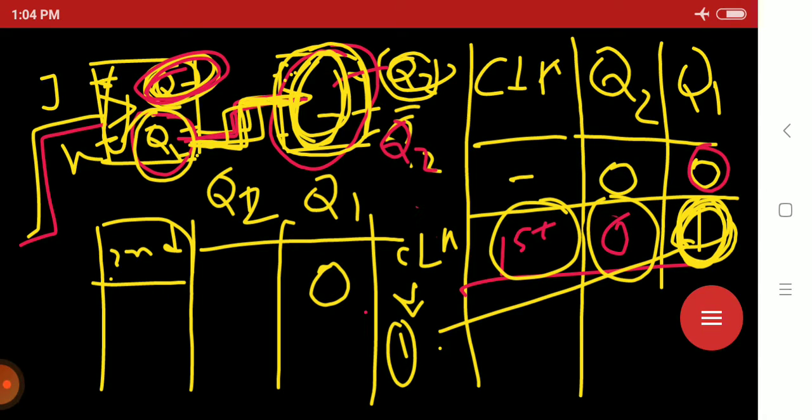After the second flip-flop is on, it will toggle the previous state of Q2. The previous state of Q2 is 0, here in the red letter, and 0 toggled means 1. That means after the second clock pulse we are getting 1.